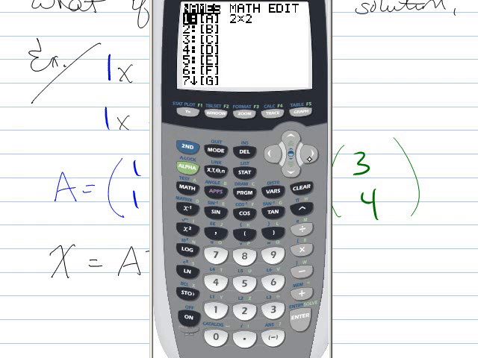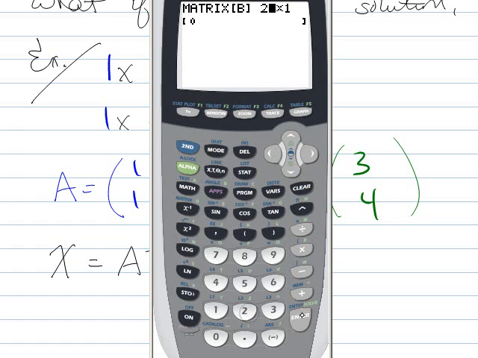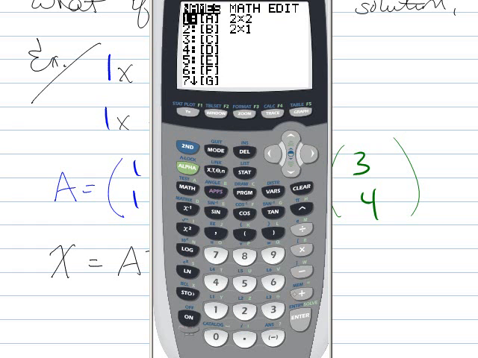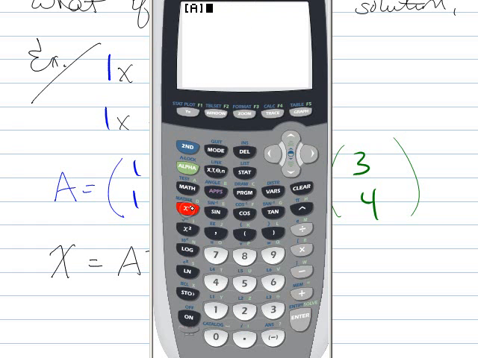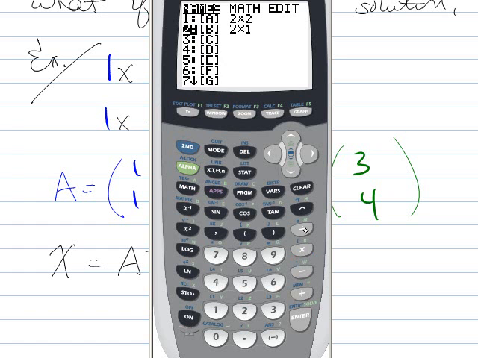Matrix, edit, and it's a 2 by 1. There we go. And it's 3 and 4. Okay. Now if I try to type in A inverse times B, what am I gonna get?